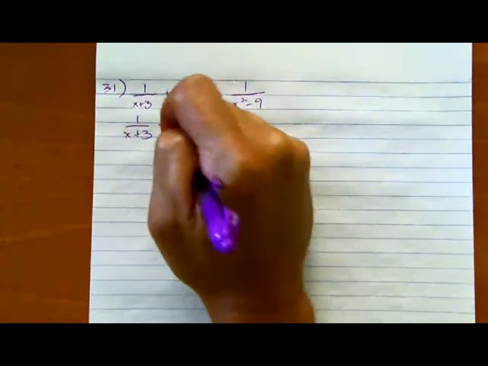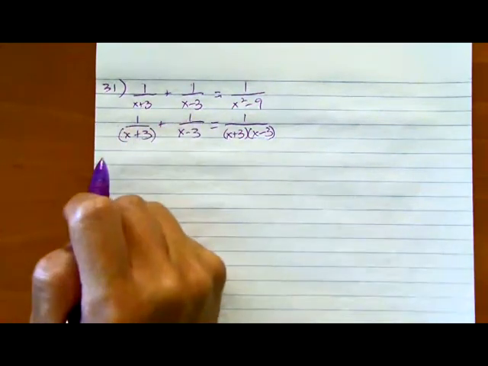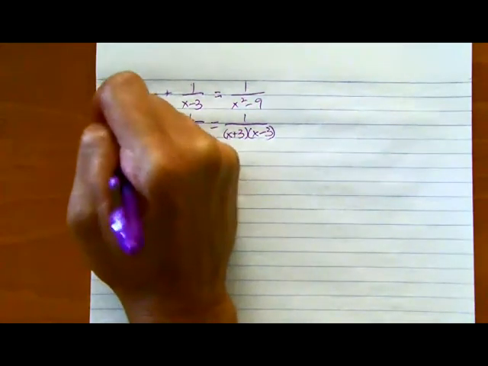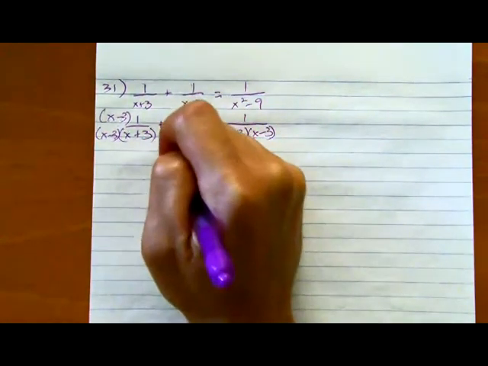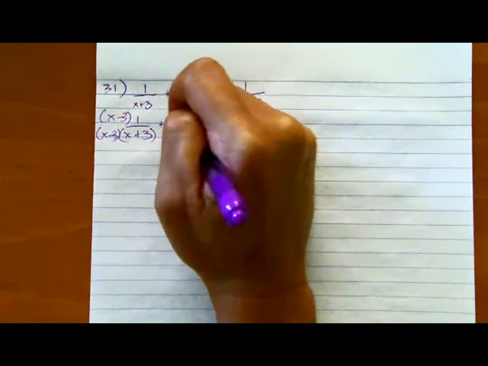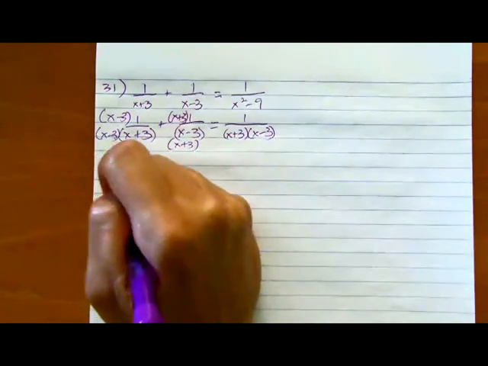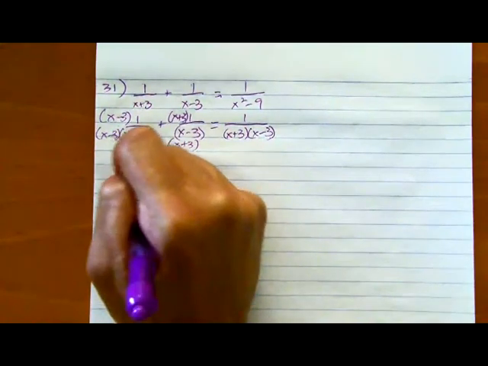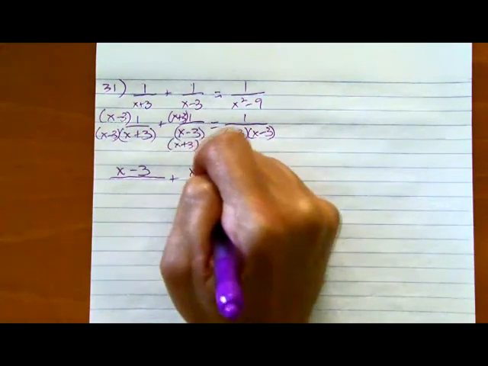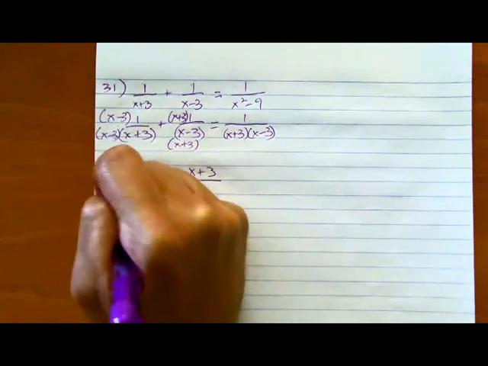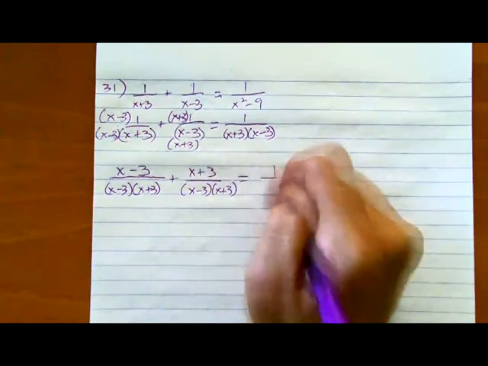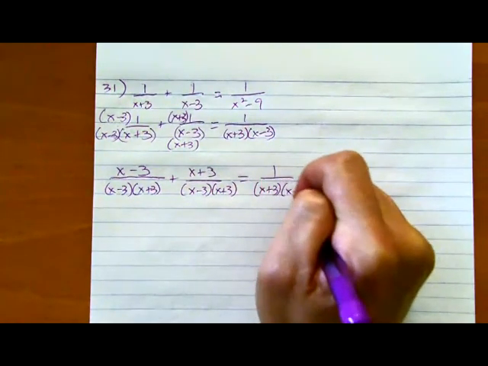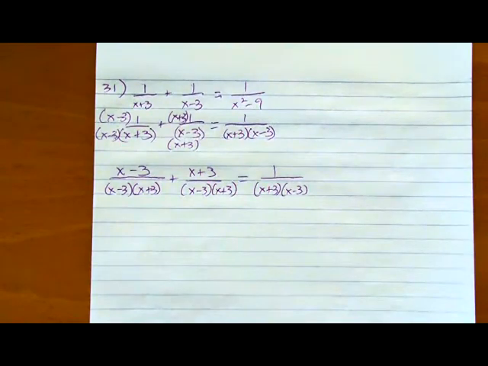We need to get the denominators to look like this one. This denominator we need to multiply by x minus 3. This denominator is missing a factor of x plus 3. So top and bottom by x plus 3. Okay, so all the denominators match.